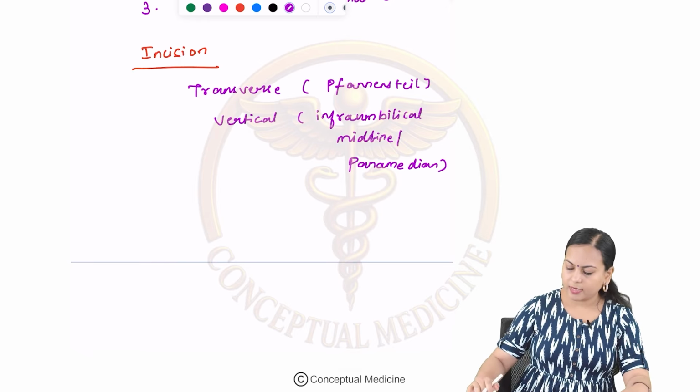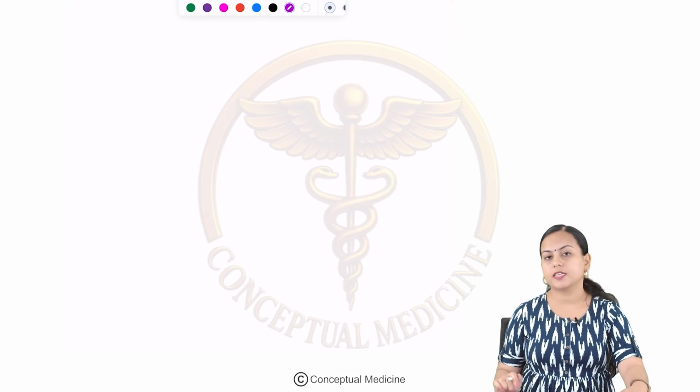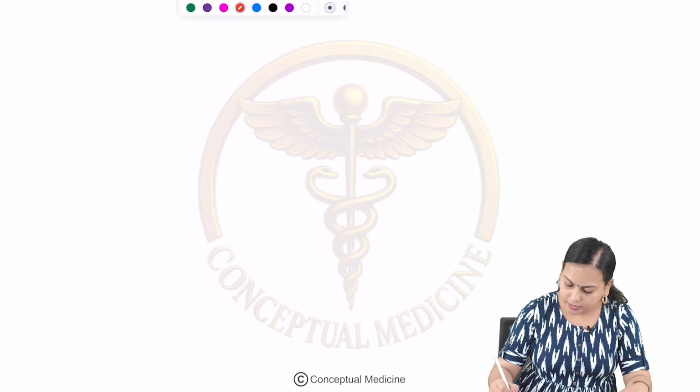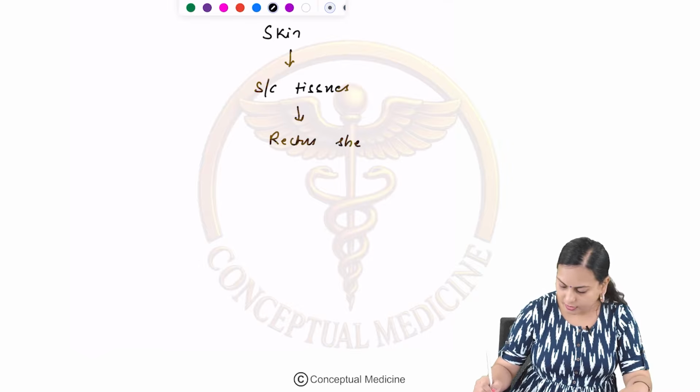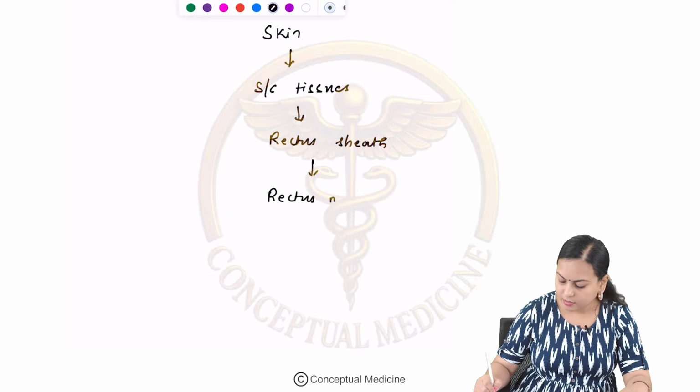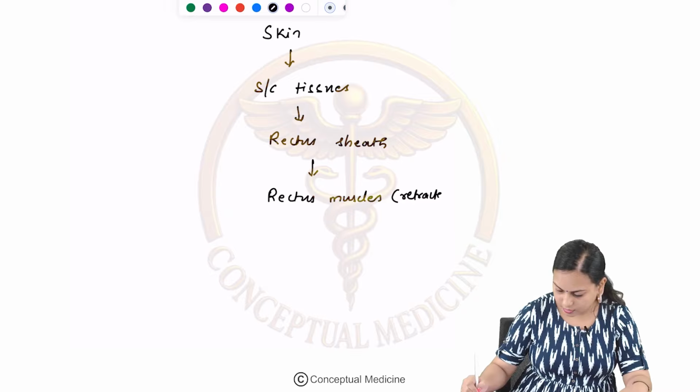Now let's see how we will be proceeding after giving this incision. The incision will be given in the skin, right? So after the skin, we'll be dissecting the subcutaneous tissues. Then we'll be reaching the rectus sheath. Then rectus muscles will be retracted.